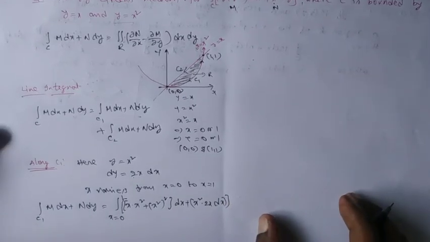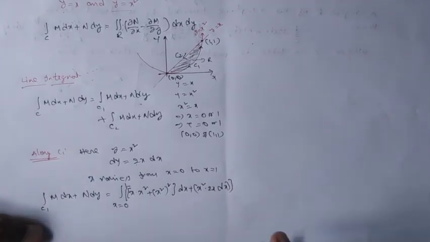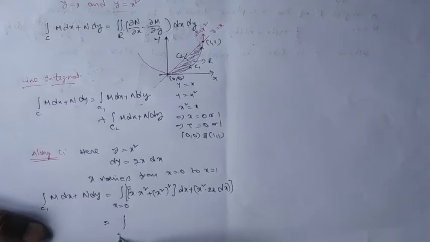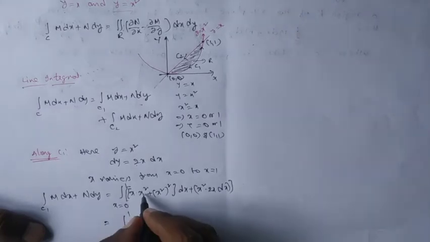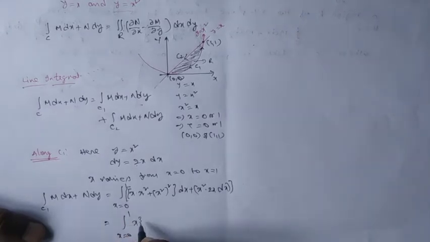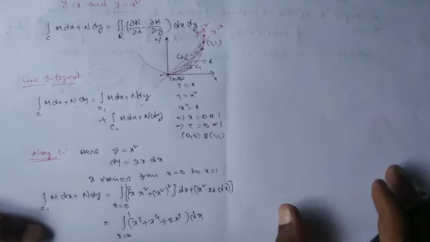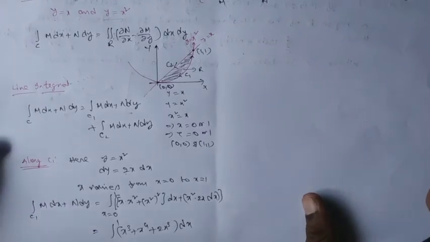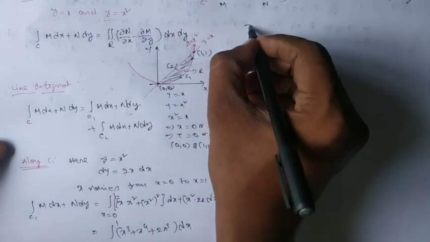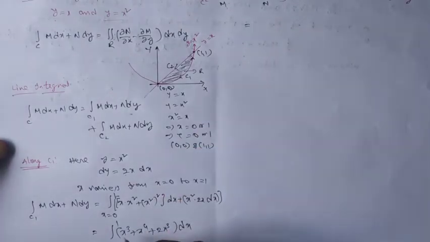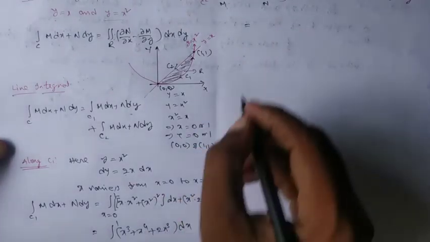So on simplifying it further, we have integral x equals 0 to 1 of x cube plus x power 4, and this becomes 2x cube, whole dx. I am just continuing here. This will be equal to the integral of x cube plus 2x cube, 3x cube.